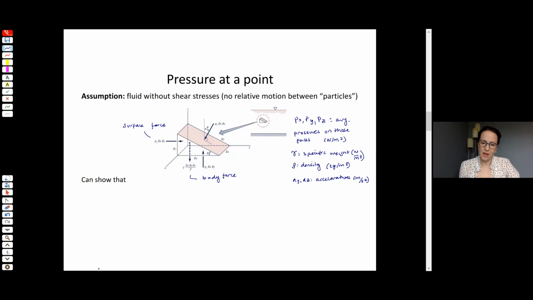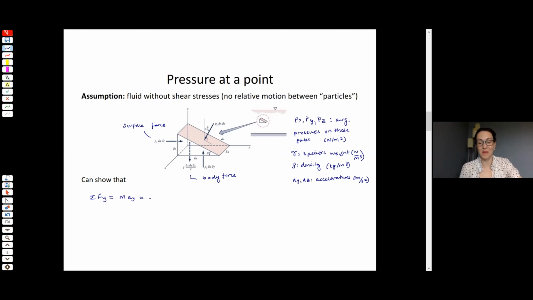Okay. All right, so we can show if we sum the forces in the y direction using Newton's second law, right? Just in general, the sum of the forces in the y direction equal the mass of the fluid element times the acceleration in the y direction. In this particular case, I'm not deriving it here because I'm trying to get through the slides.